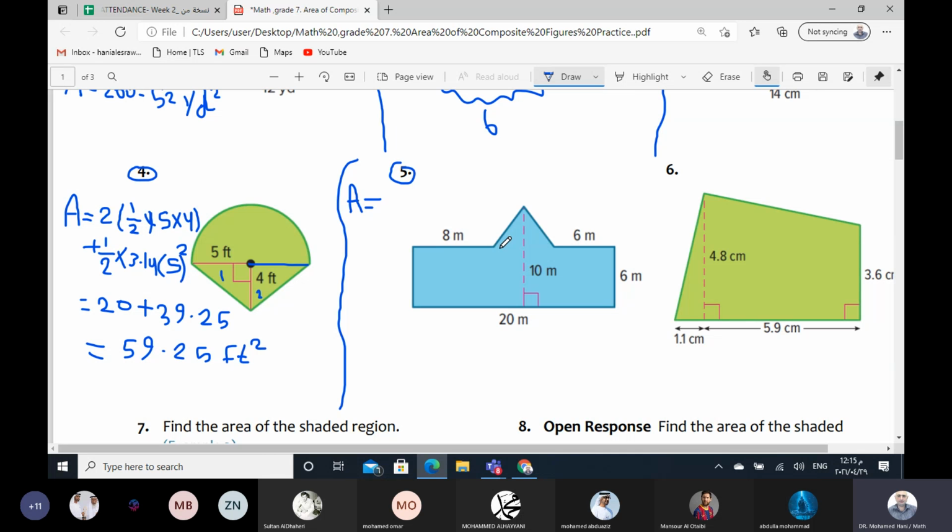If I draw this line, I will get here triangle. Triangle. Mister, the triangle is 6 centimeters. Right. Here, the whole side here 20, and here the whole side 20.